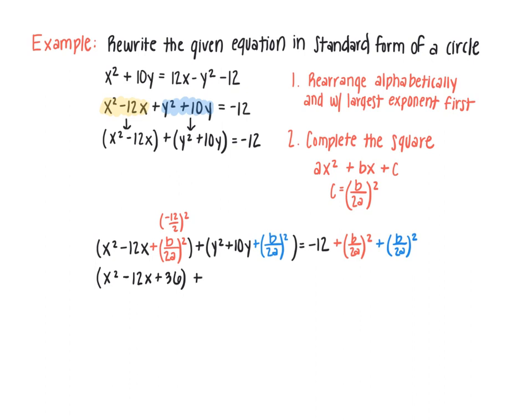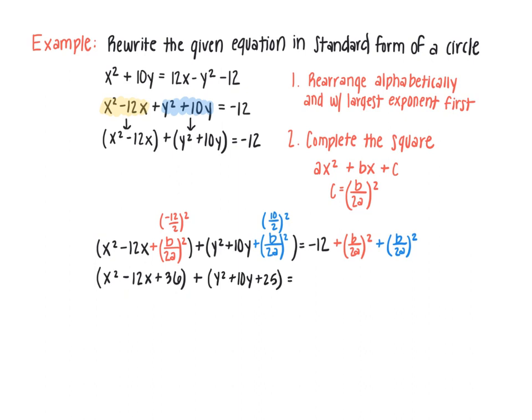And now for my y variable, I know that, again, a is an imaginary 1 and b is the number 10. So this would effectively become 10 divided by 2, which is 5, squared, which would give me 25. So now this would become y squared plus 10y plus 25.